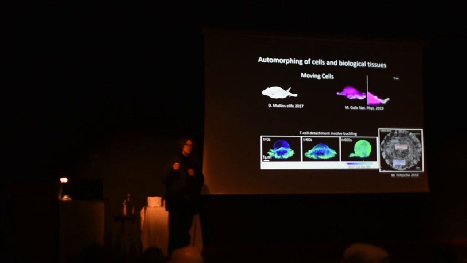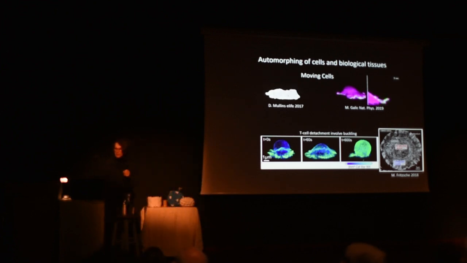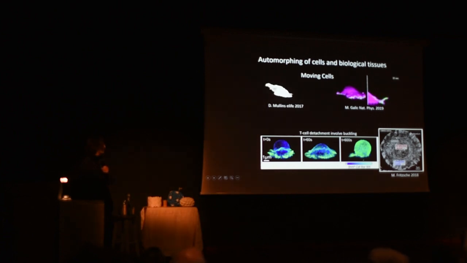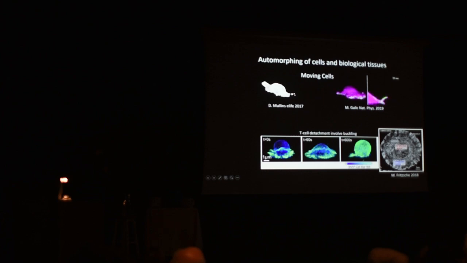So I will show you here. You see here some alignment into a ring-like structure, but here the structure looks completely different. And now what I will try to show you today is that what is really driving all these shape deformations is this kind of mesh that resides below the membrane of cells.